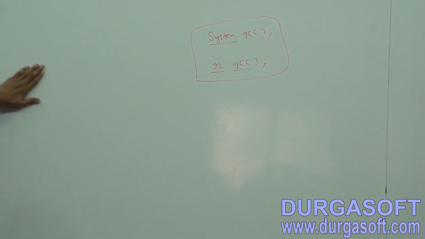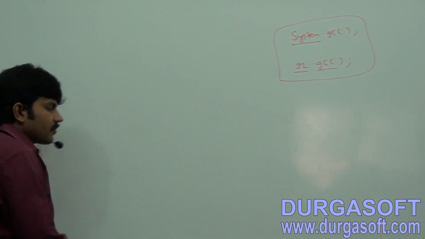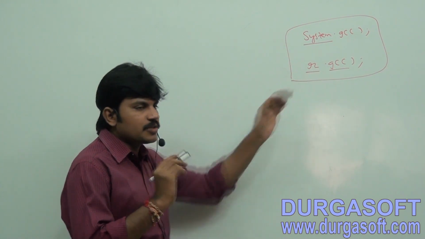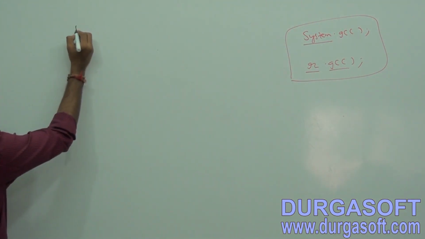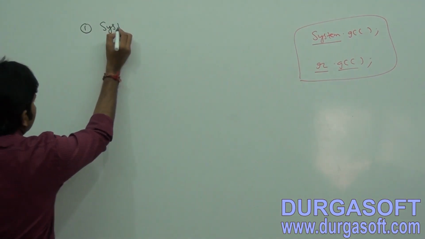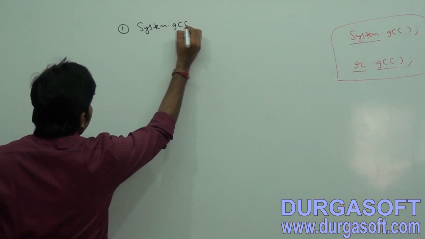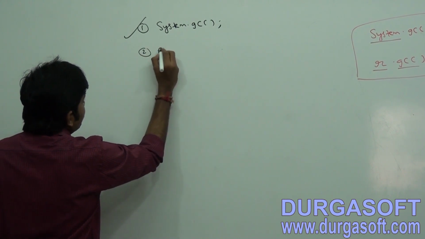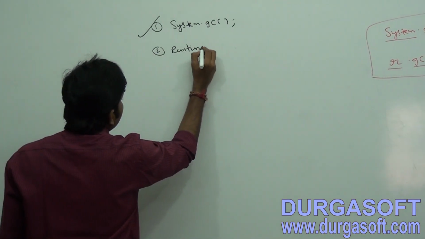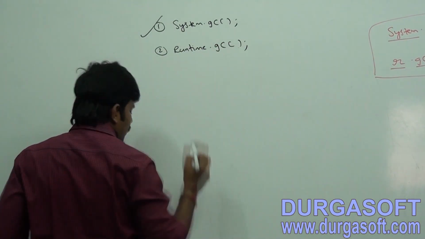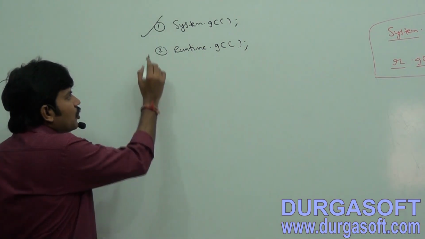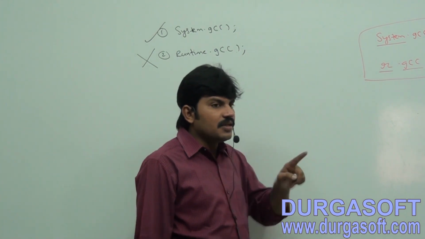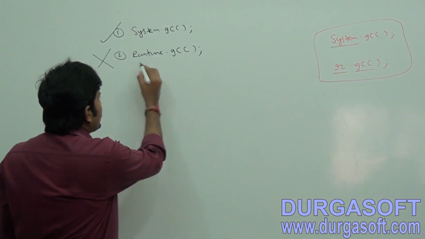Which of the following is appropriate for requesting JVM to run the garbage collector? What are the various possibilities? First one, System.gc. Is it appropriate or not? Yes, correct. Second one, Runtime.gc. Is it appropriate or not? No, because the gc method present in the Runtime class is an instance method, not a static method.